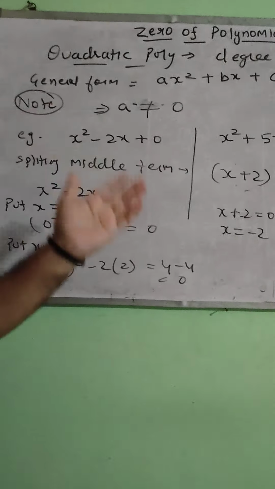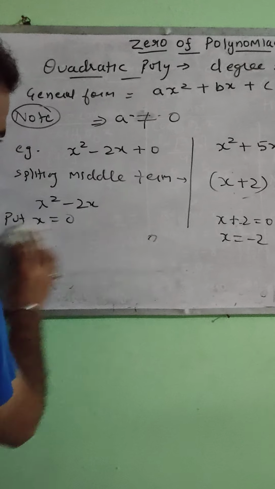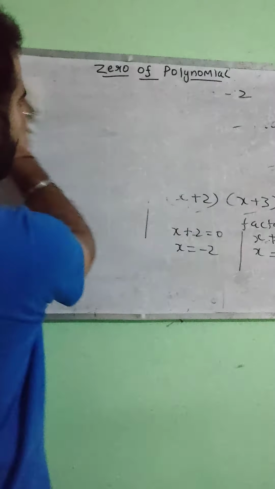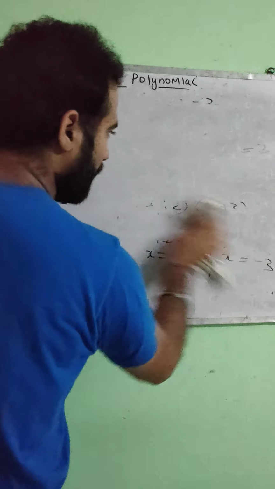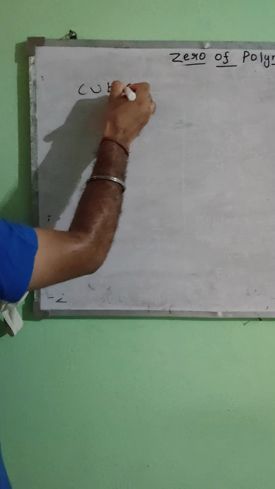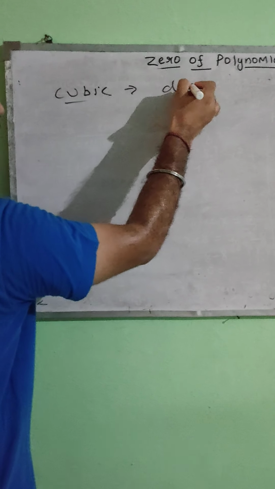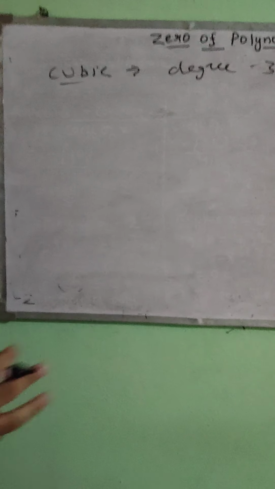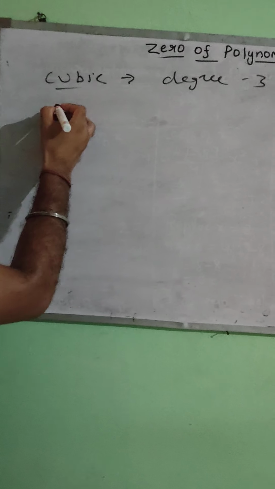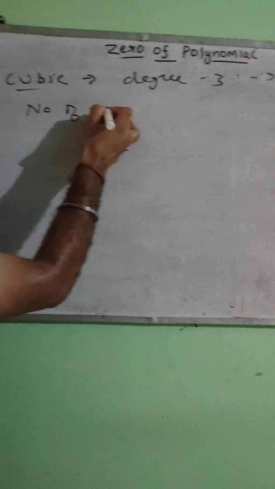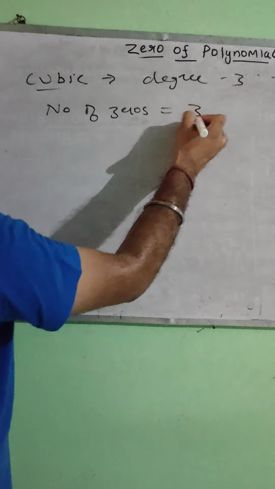So what will happen in the case of a cubic polynomial? Let's see. What is a cubic polynomial? Cubic means degree 3. Therefore, from our last two examples, we can conclude that in a cubic polynomial, the number of zeros will be 3.